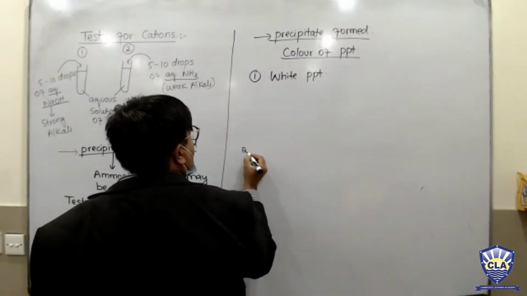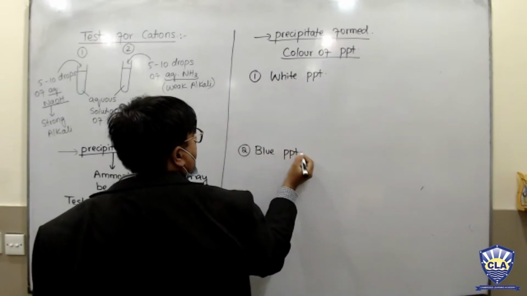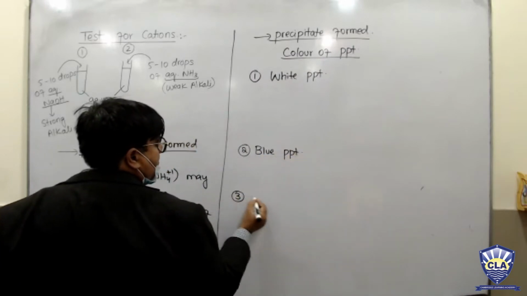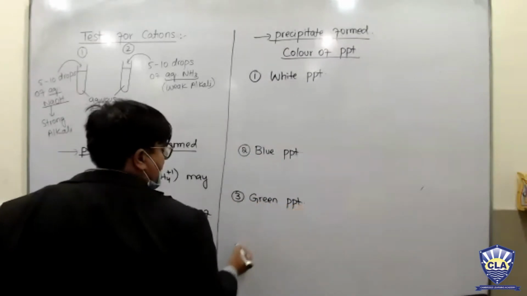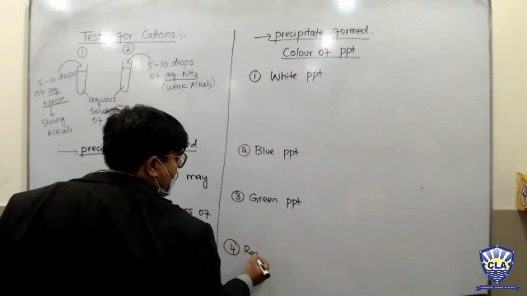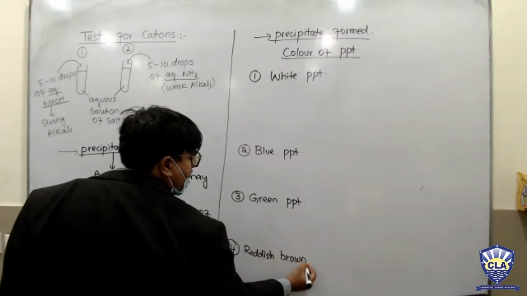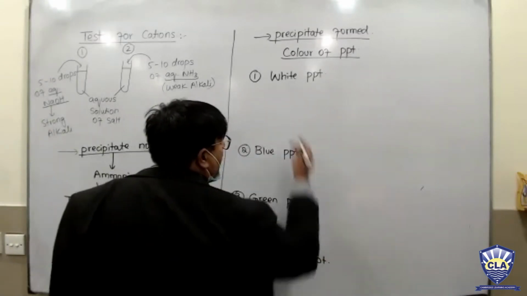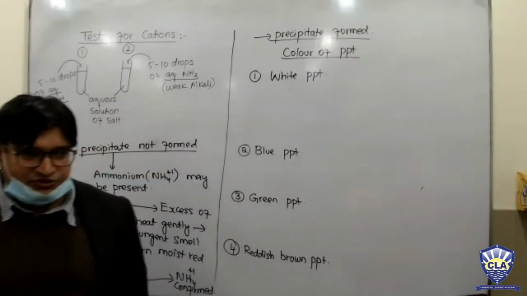The second one is blue precipitate. The third one is green precipitate. And the fourth one is reddish brown precipitate. So these four colors of precipitate are produced.